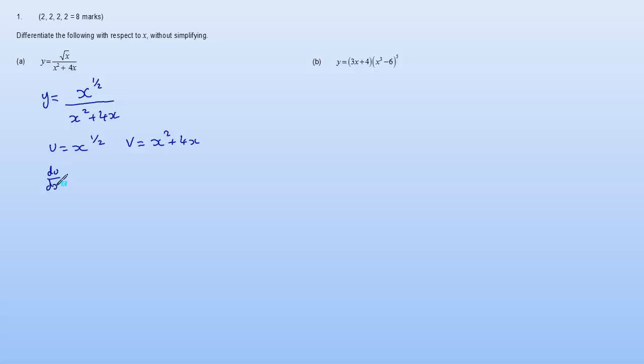So du dx is going to be a half x to the negative a half, and dv dx will be 2x plus 4.